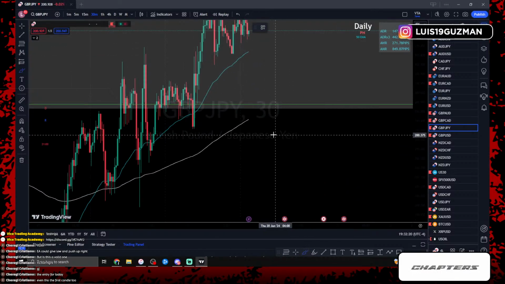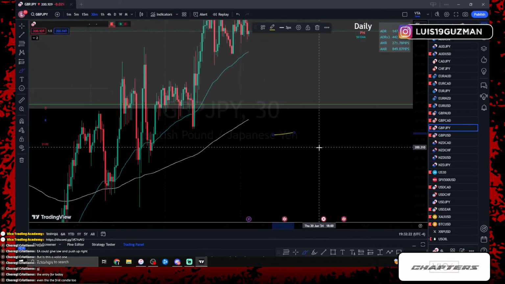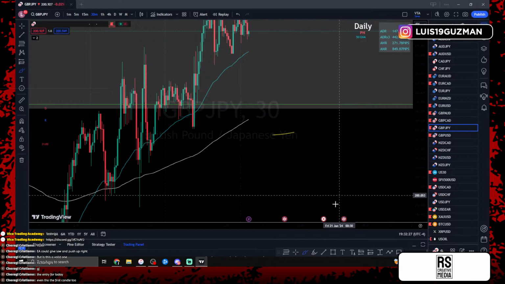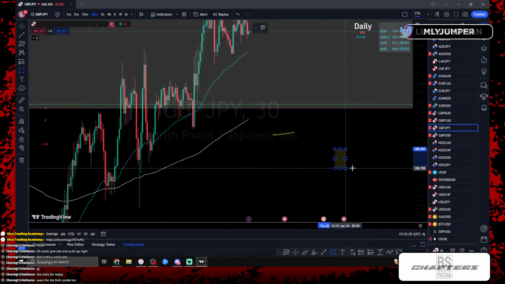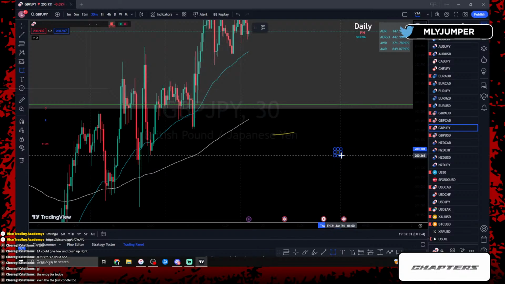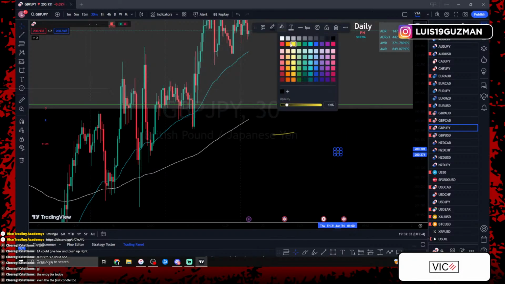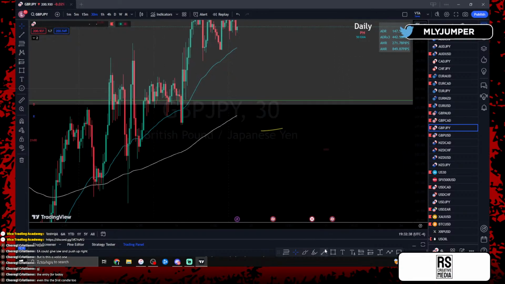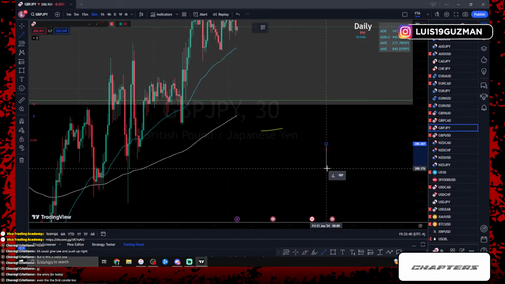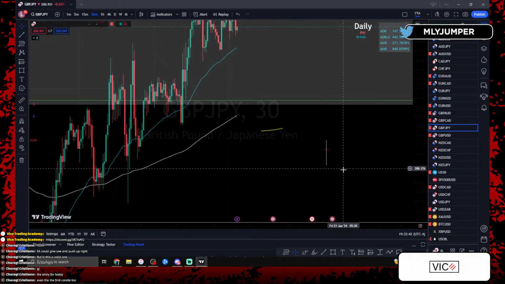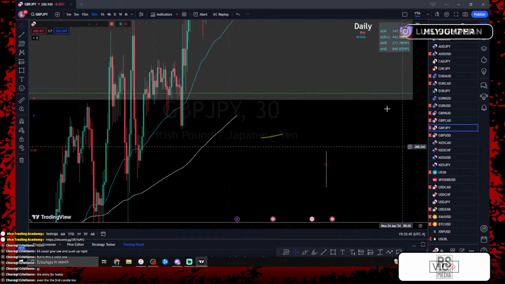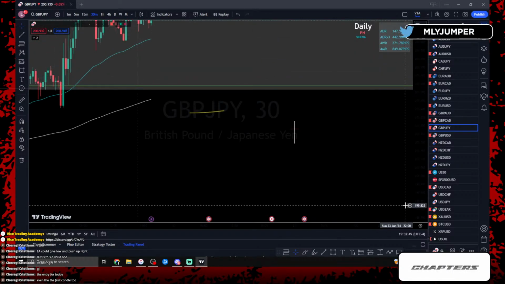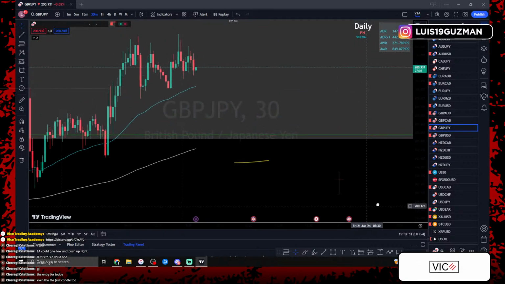Let's say the red candle would have looked something like this, where it's a small body, like something like that, then I wouldn't really count it.